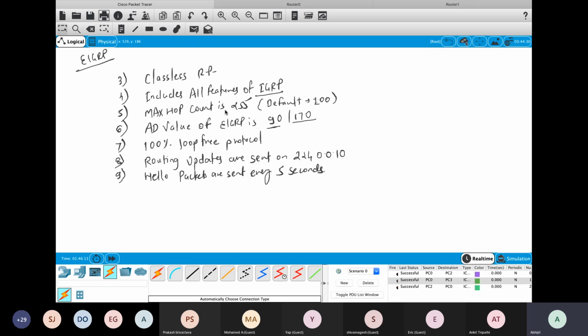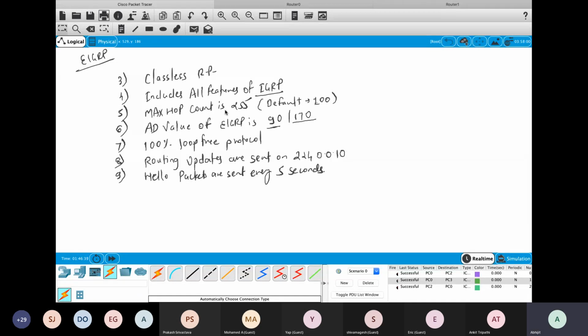So as I was telling you, EIGRP exchanges hello packets. Flushing is flushing the specific route, not the entire route table. EIGRP uses hello packets every 5 seconds. It doesn't send the routing update every 5 seconds, it sends hello packets every 5 seconds.